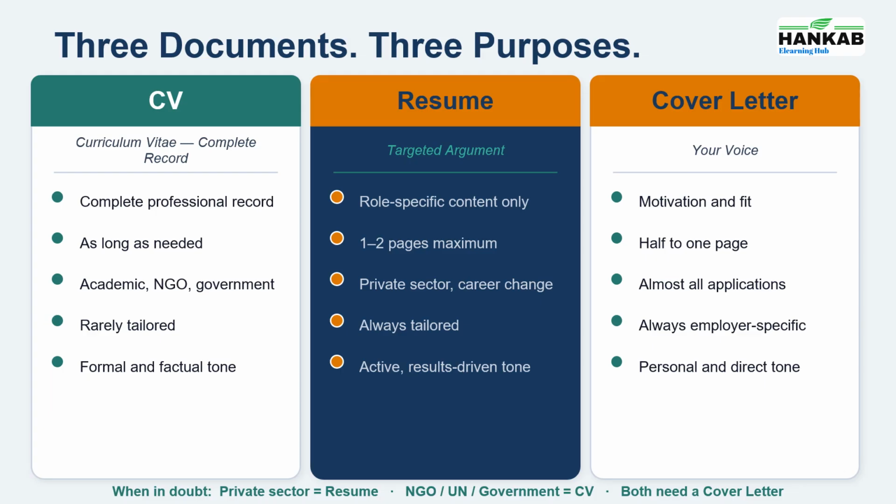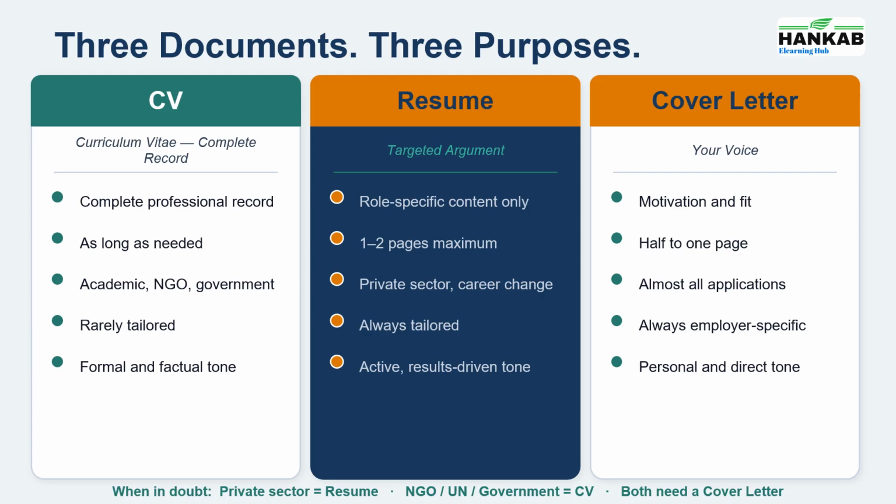The curriculum vitae is a complete professional record. It does not try to be concise. Its purpose is completeness. Everything goes in: your full work history, all your academic qualifications, publications, research, certifications, professional memberships, languages, awards. For senior professionals, a curriculum vitae can run 4, 6, even 10 pages.